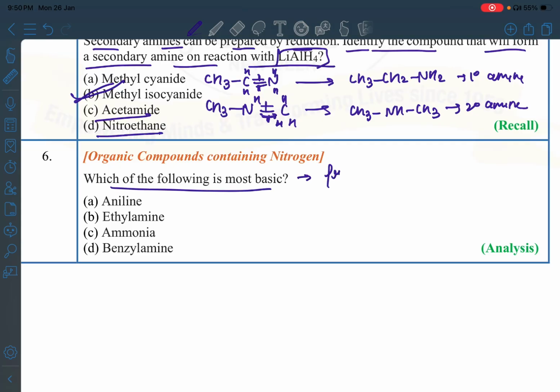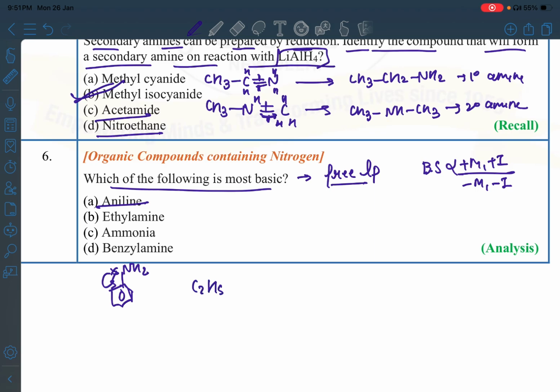Okay, so the next question is which of the following is most basic? So for the most basic, we notice two things. First thing, a free lone pair. The other thing is that basic strength is directly proportional to +M and +I groups, and inversely proportional to -M and -I groups. Okay, so we draw aniline. This is aniline and this one is benzene. So the lone pair is involved in the resonance, so it is not free.